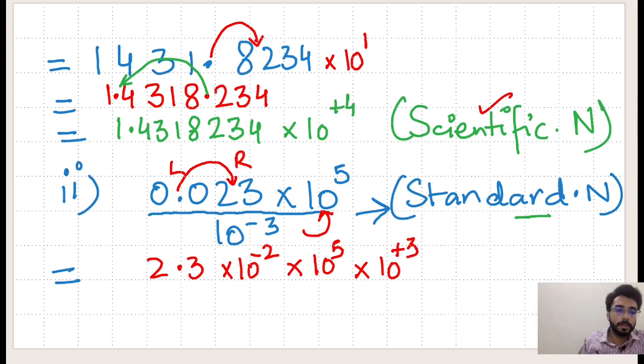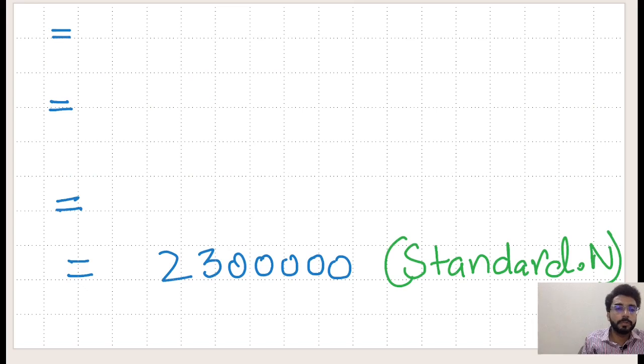So let's solve this further in the next slide. It will become 2.3 into 10 raised to power negative 2 plus 5 plus 3.